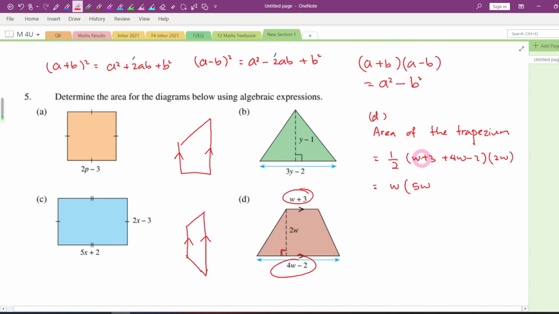Okay, so 3 plus 3 minus 2. Always include the sign in front of this number. So 3 minus 2, you will get 1. And then we just do some expansion over here. 5w squared plus w. This is the answer for 5D.